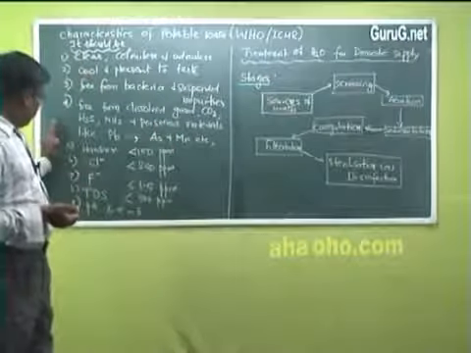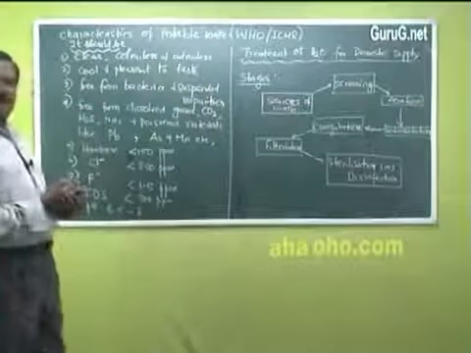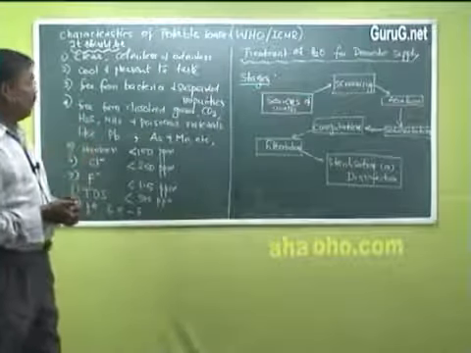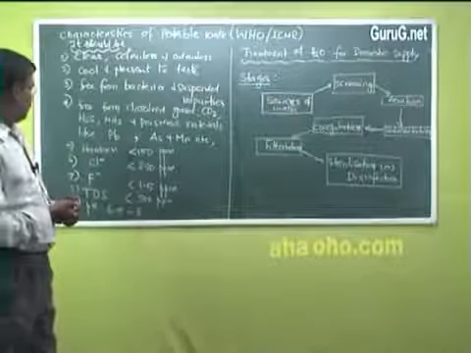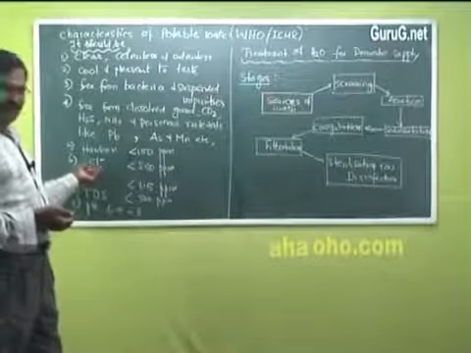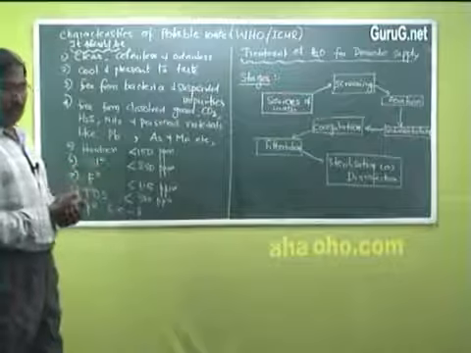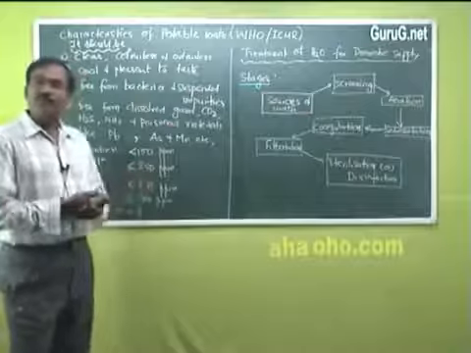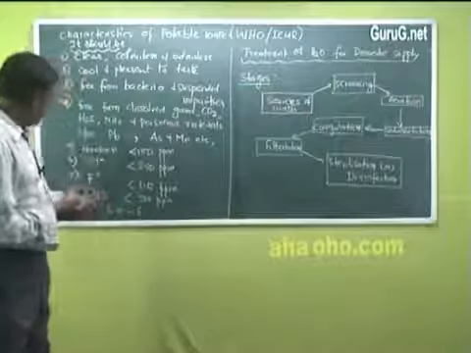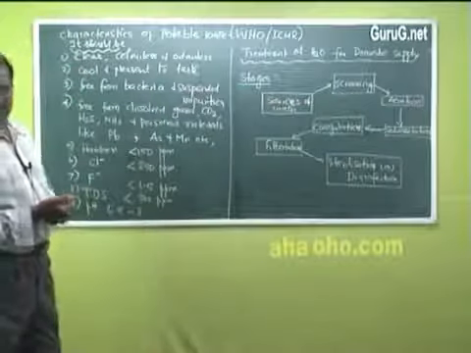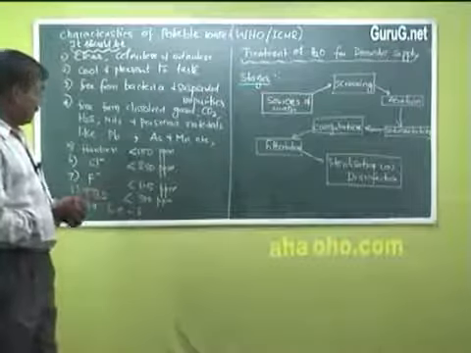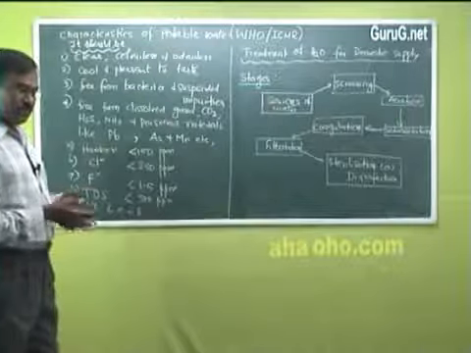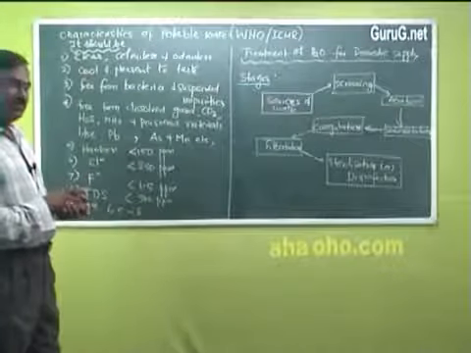And when we come to the physicochemical parameters, hardness of water should be less than 150 ppm, and chloride concentration, chloride not Cl2, chloride concentration should be less than 250 ppm, and total dissolved solids should be less than 500 ppm, and pH should be neutral.